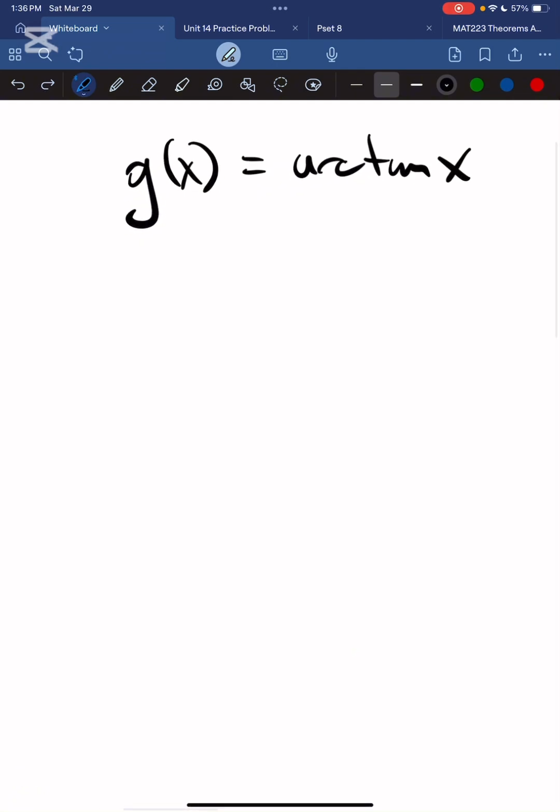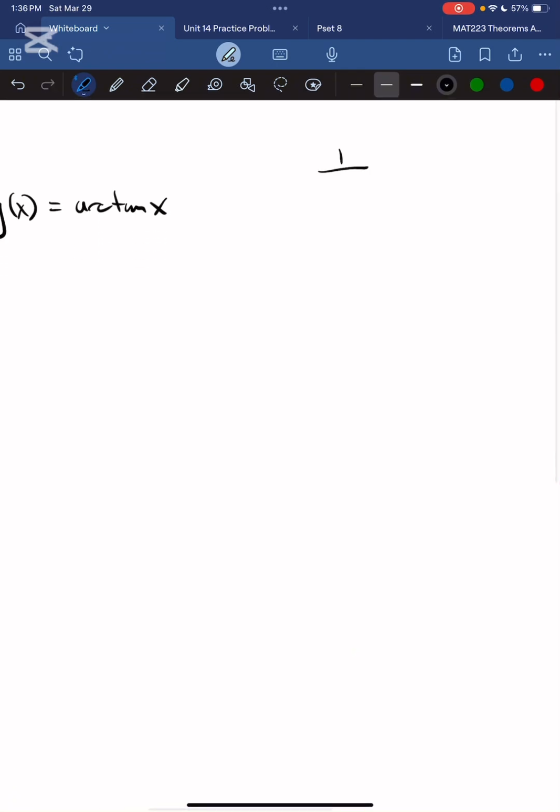All right, let's take g of x equal to arctan of x. Let's try to find the power series that represents arctan of x. At first you can be like, what the hell do we do? But arctan of x is related to something like, we know we can write this as a series.